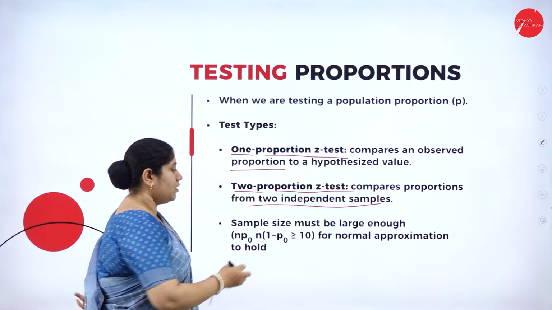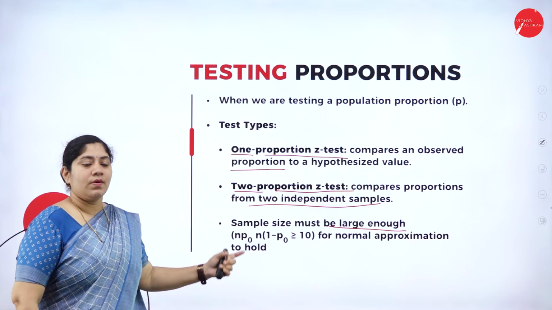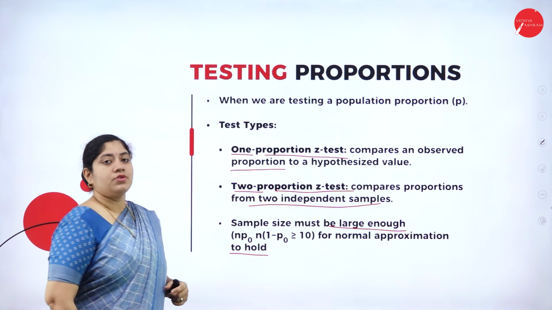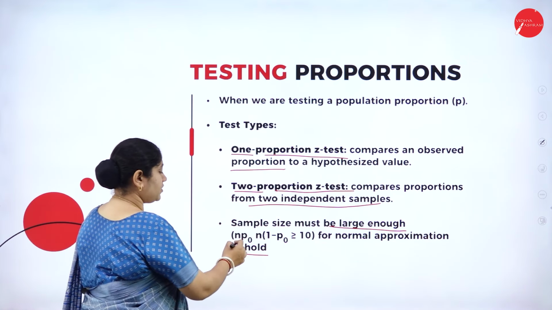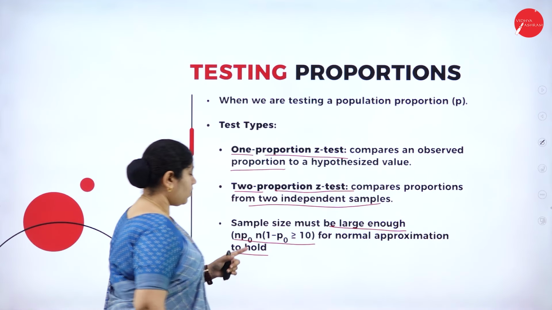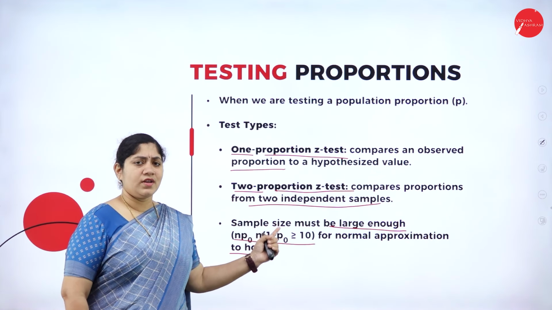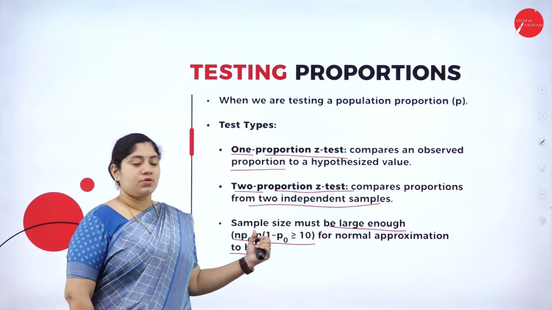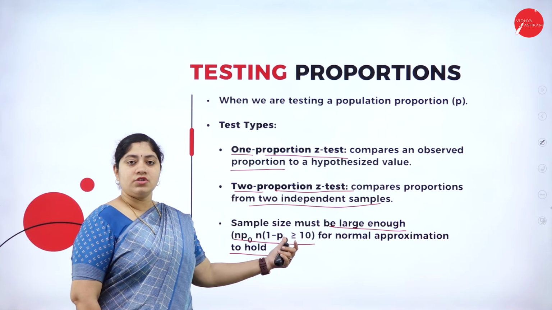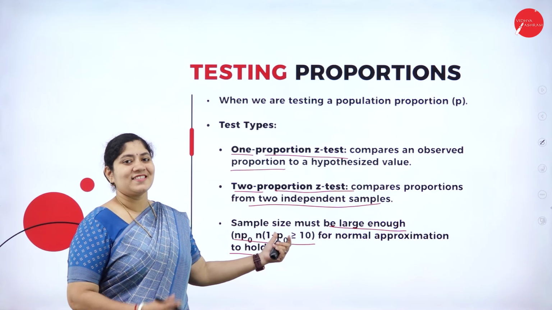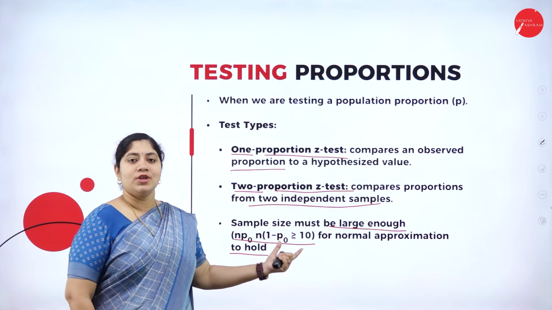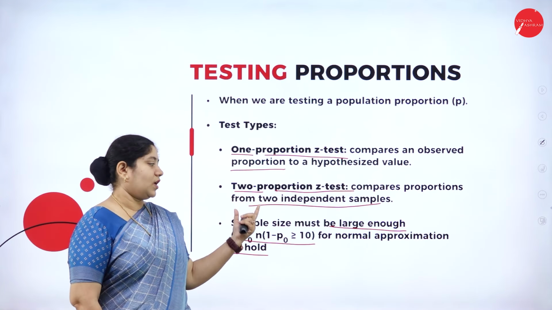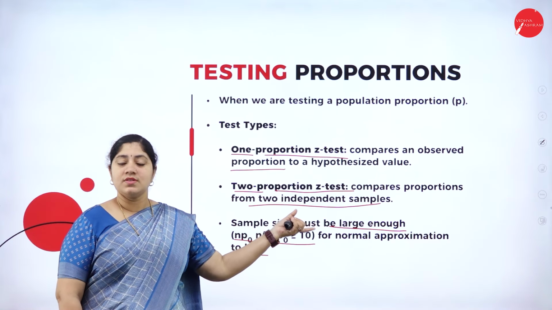Yes, the sample size must be large enough in order to go with the normal approximation. So what about the samples? We can consider np0 and n(1 minus p0), where p0 is the proportion with respect to the null hypothesis, and each should be greater than or equal to 10. So that's nothing but our two proportion Z test.